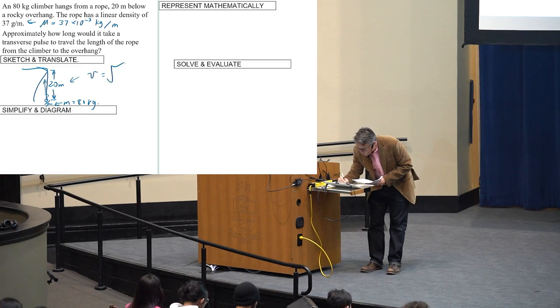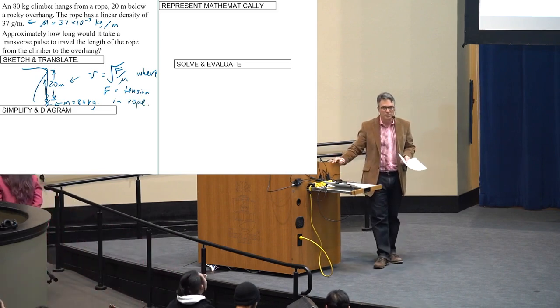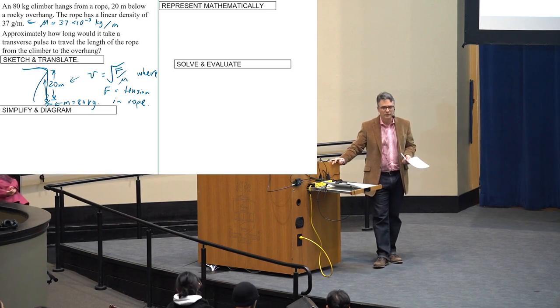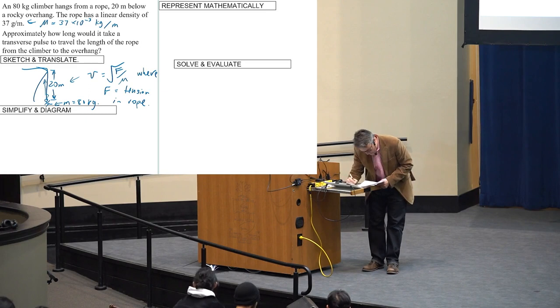So V is equal to square root of F over mu, where F is the tension in the rope. I didn't want to use T for tension in this chapter just because we're already using it for the period of waves. So let's do a force diagram of the climber.